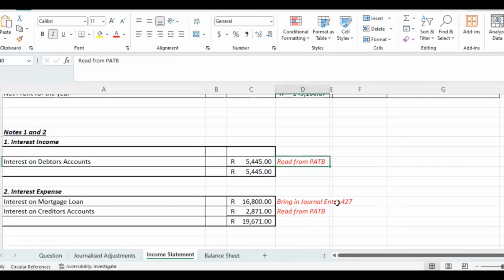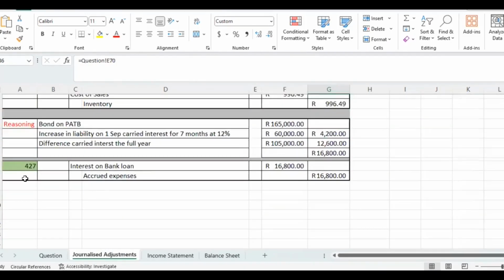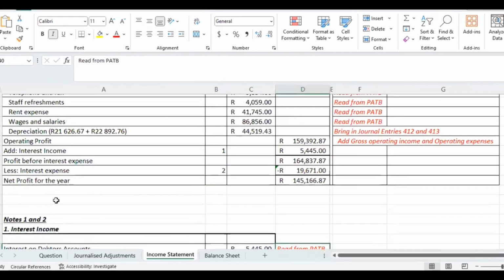That was journal entry 427. If you will remember, I think it was almost the last one that we did. Yes, it is the interest on the bank loan that we calculated there. And you've got your reasoning there. I'm not going to look at the journalized adjustments again. And so we will add that to the amount that reads as interest on creditor's account on the pre-adjusted trial balance. We will add that, it gets to 19,671, and then we get our net profit for the year.